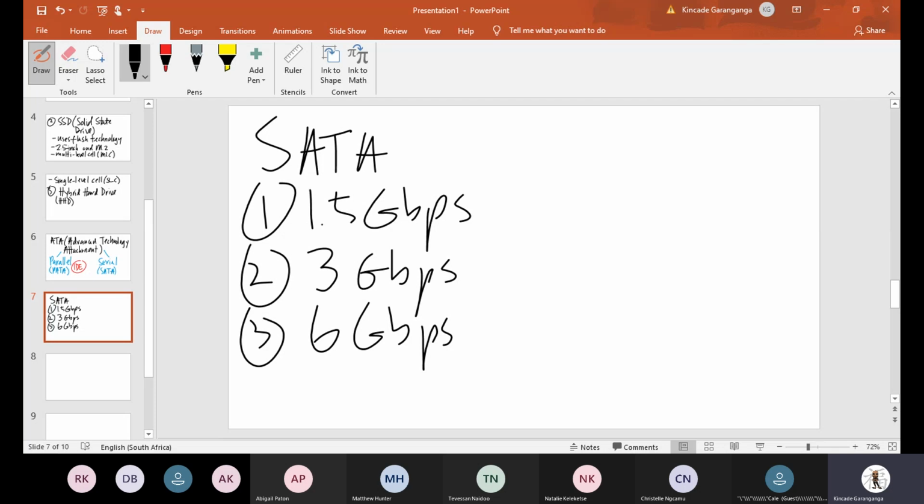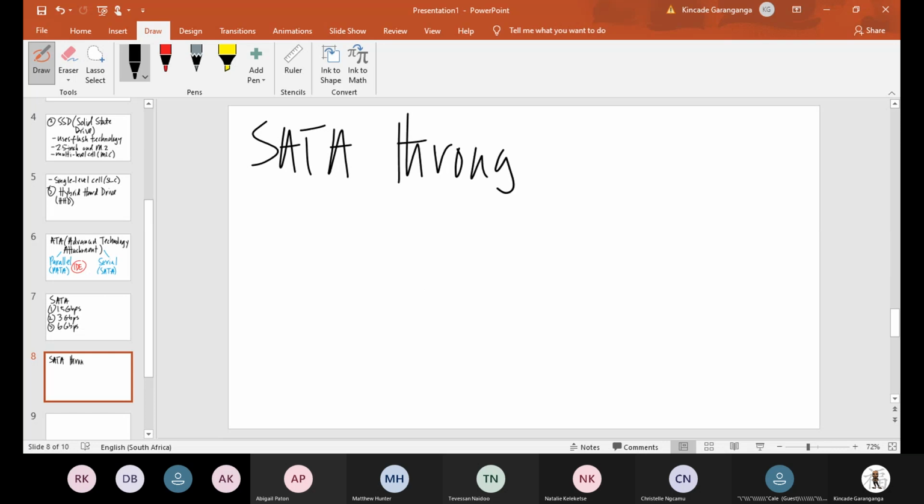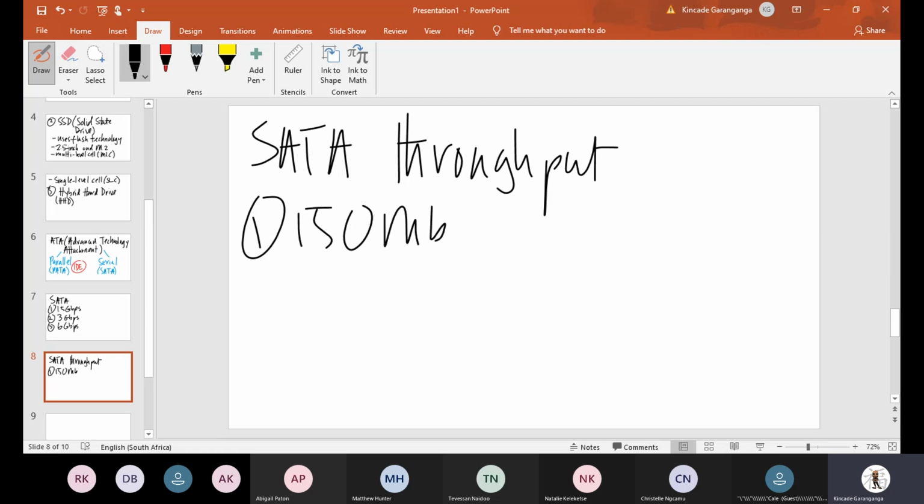If you're looking at throughput, this is about 150 megabytes per second, actually, not bits.